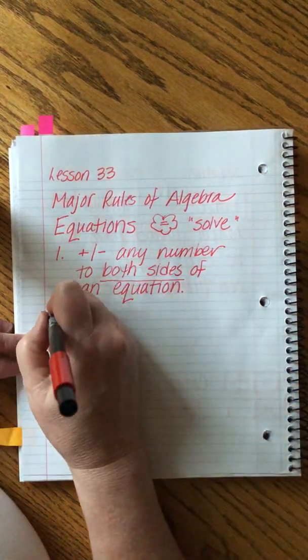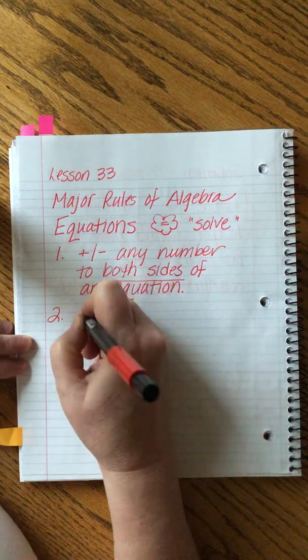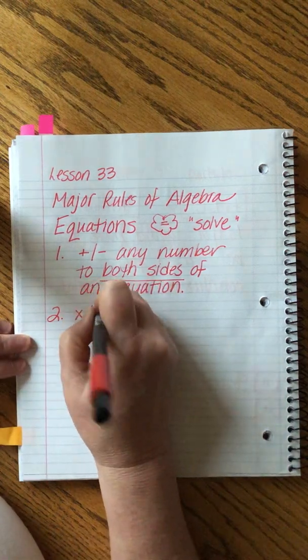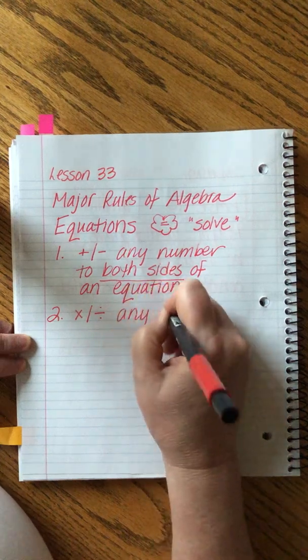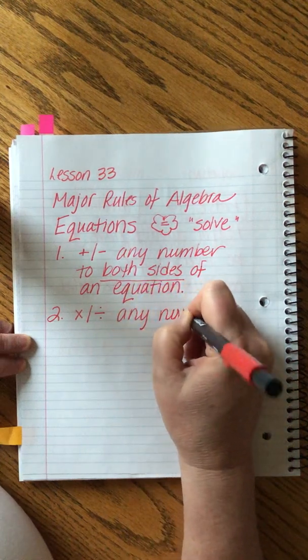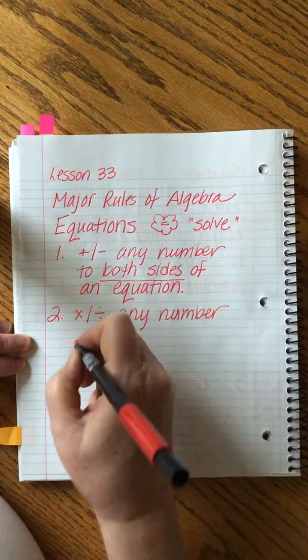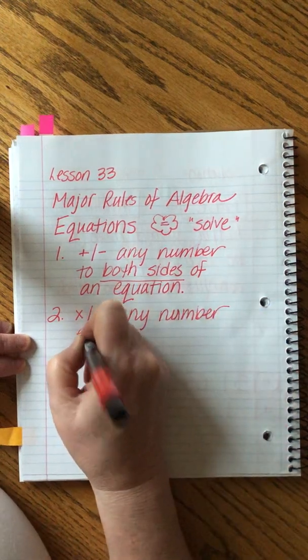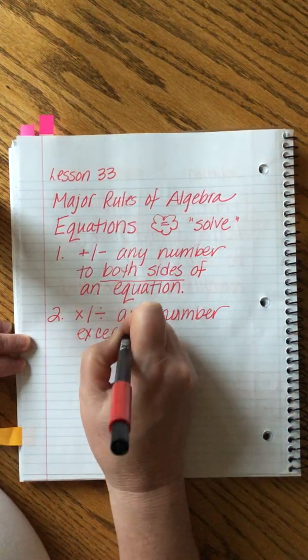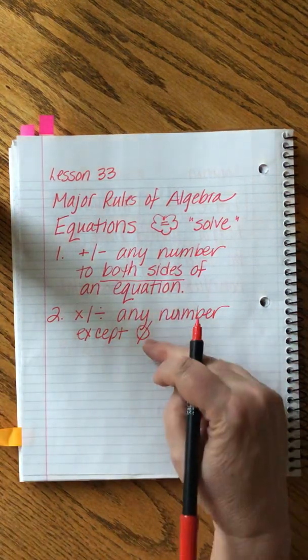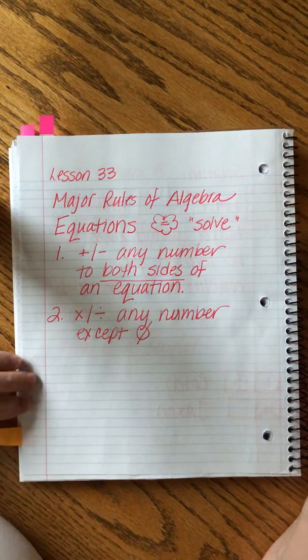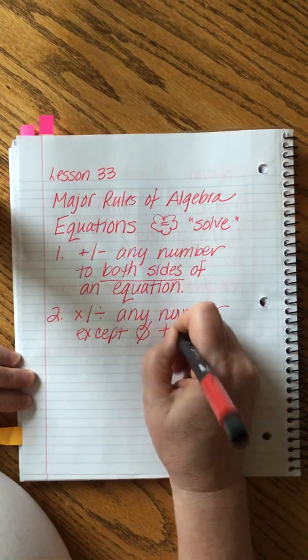The other thing we do, this is the best friend go home move, we can multiply or divide any number, and here comes the caveat, except 0, and I'm going to put a slashy through it so you know that's a number and not a letter, to both sides of the equation.